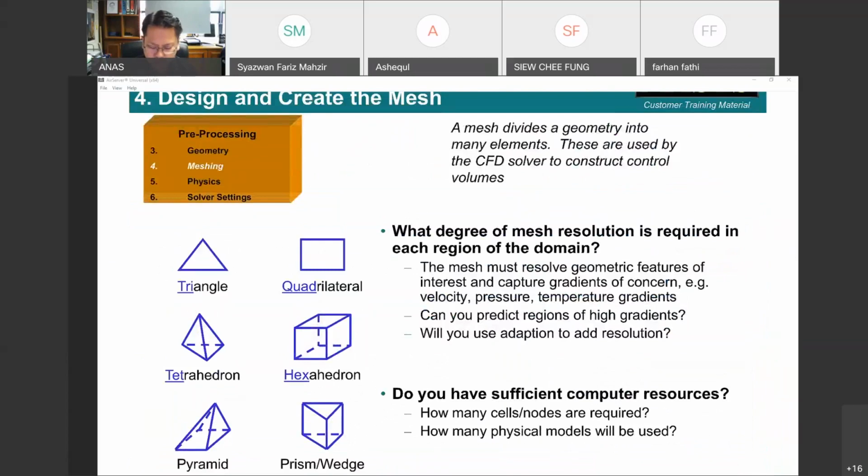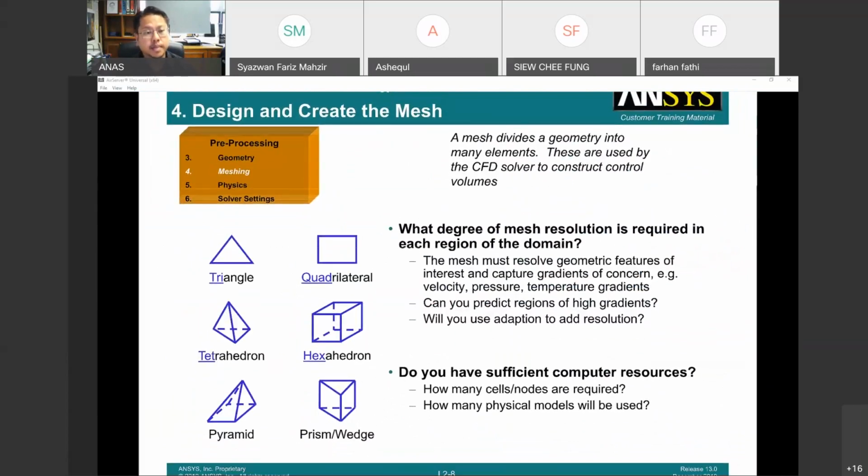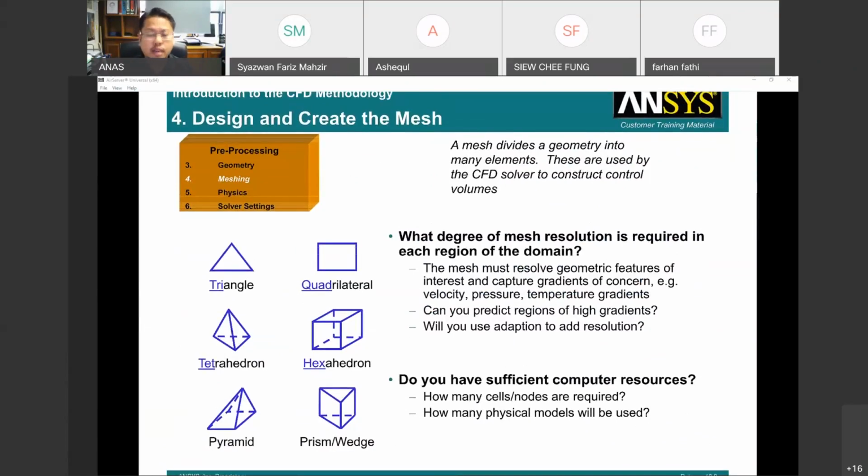And of course, in meshing, we discussed a bit about some of the elements that you can choose. We have triangle, quadrilateral, tetra, hexa, pyramid, prism. Most of the time you can just use the automatic function. But for advanced users, sometimes you need some customization. You need to understand for complex shapes, for example, maybe hexa and quadrilateral is not suitable, remember, because it's structured.